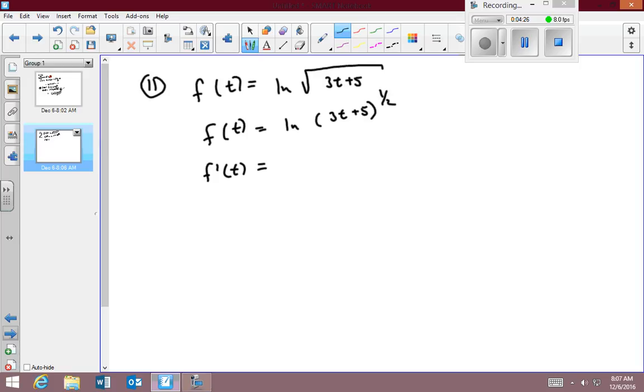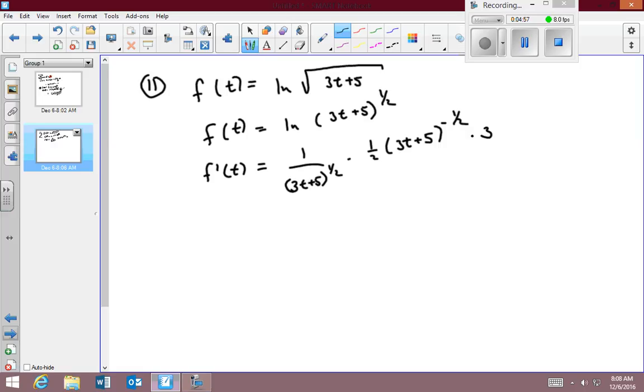That's 1 over (3t plus 5) to the 1/2 power. Then it's the derivative of what's inside. So that's 1/2 times (3t plus 5) to the negative 1/2. And then the derivative of what's inside that is 3.